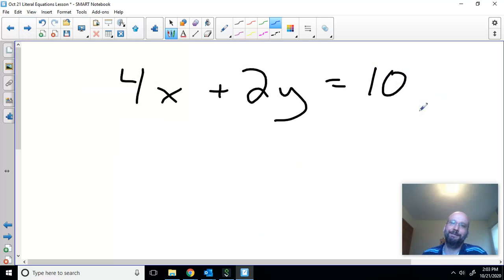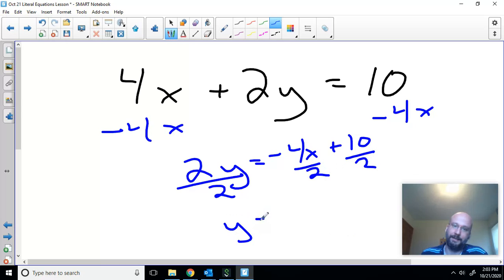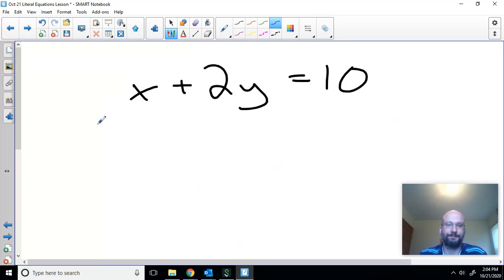So again, let's do the same thing. Let's solve for y. I'm going to move 4x over. 2y equals negative 4x plus 10. I'm going to divide everything by 2. y equals negative 2x plus 5. All right. Same thing if I wanted to solve for y.